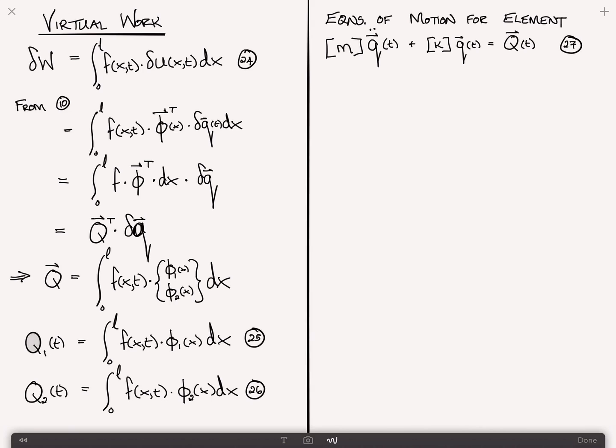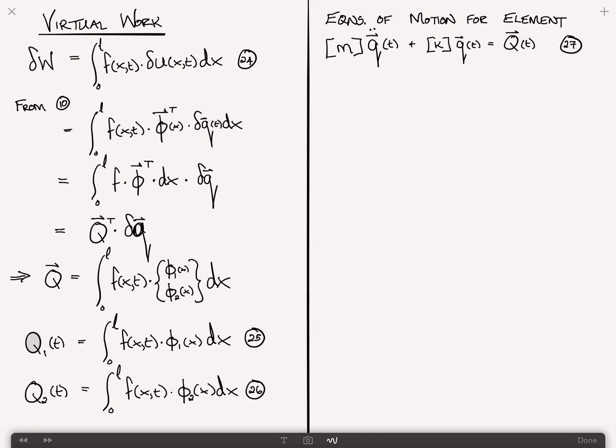So we now have an ordinary differential equation where we've taken the x dependency part of the continuous bar and we've lumped it into these mass and stiffness matrices, and we've lumped the force, the distributed load, into nodal forces. Okay?